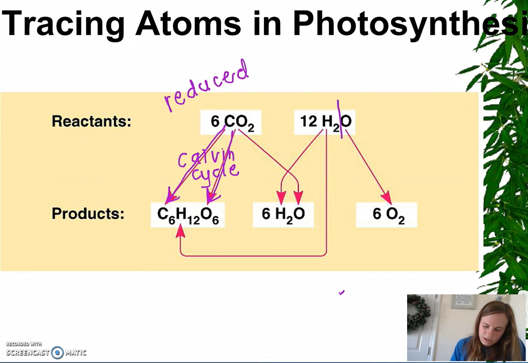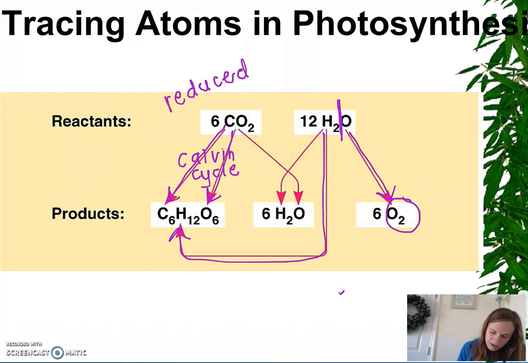Hydrolysis is going to occur. So my water is going to split. When my water splits, I get my oxygen. And then through the help of NADPH, which came from the light reaction, I am able to help form glucose.